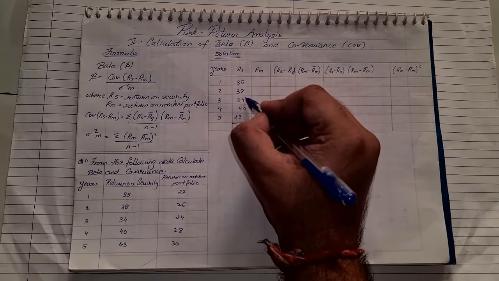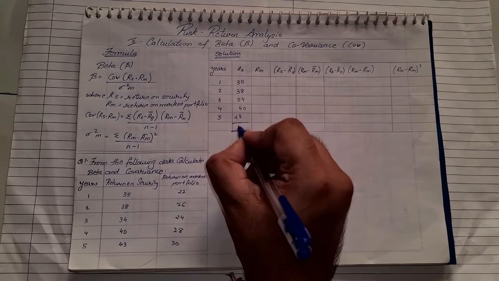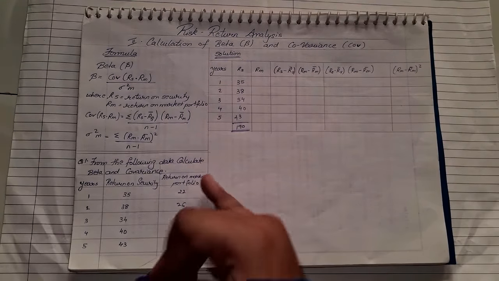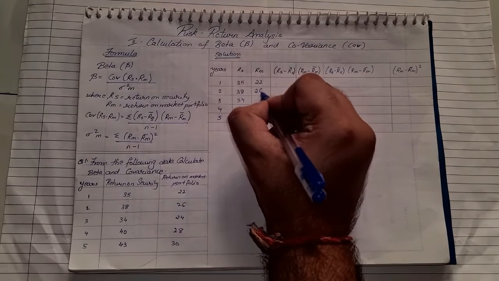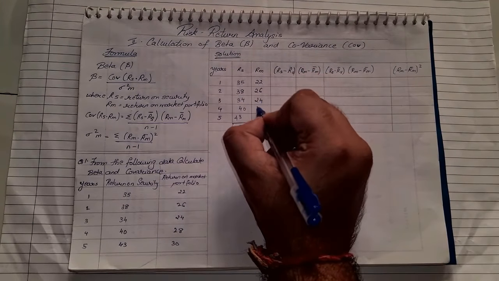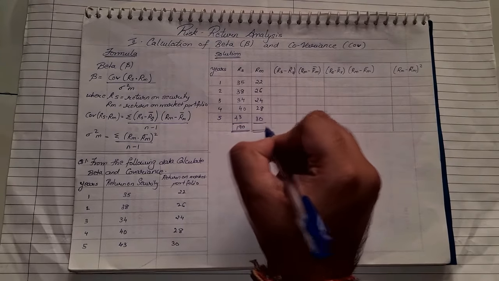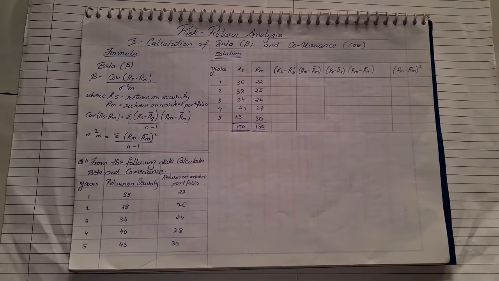So 35 plus 38 plus 34 plus 40 plus 43, the total will come to 190. Similarly, we note down the market portfolio return: 22, 26, 24, 28 and 30. Total it up, and the total comes to approximately 130.